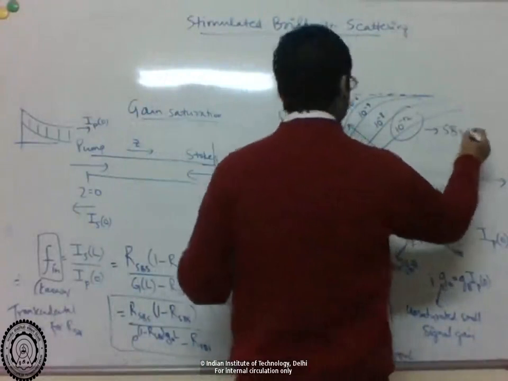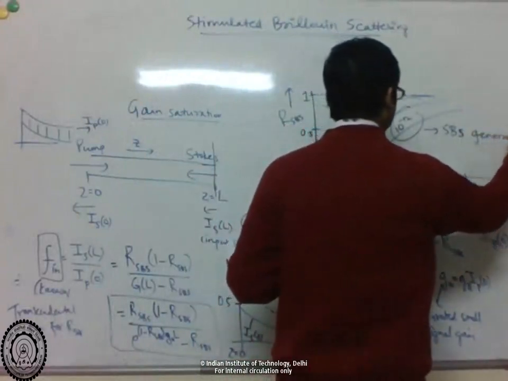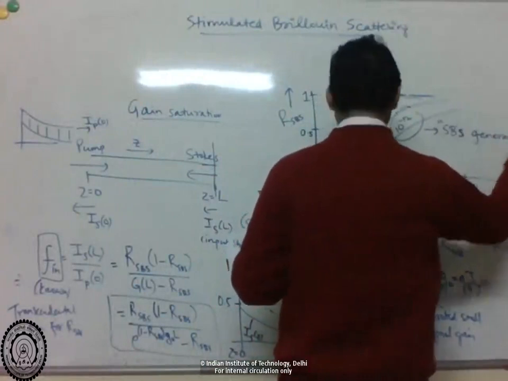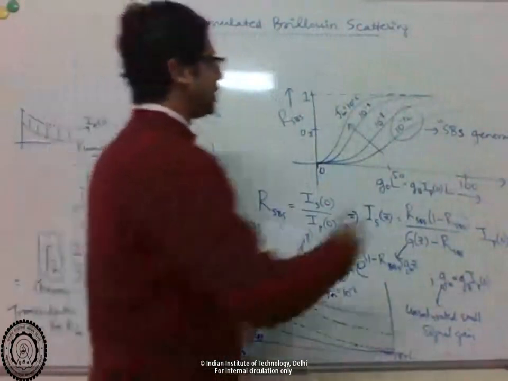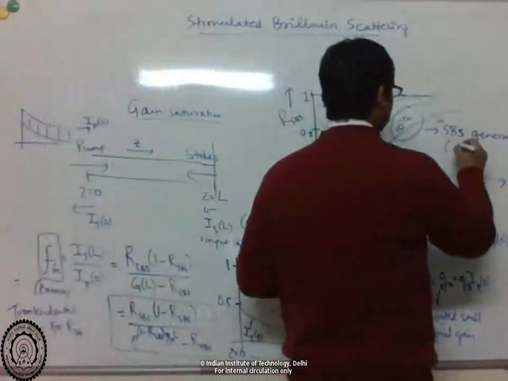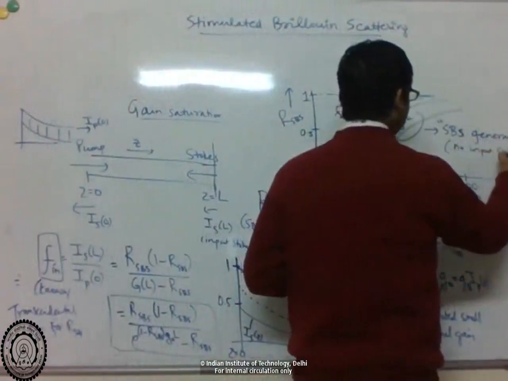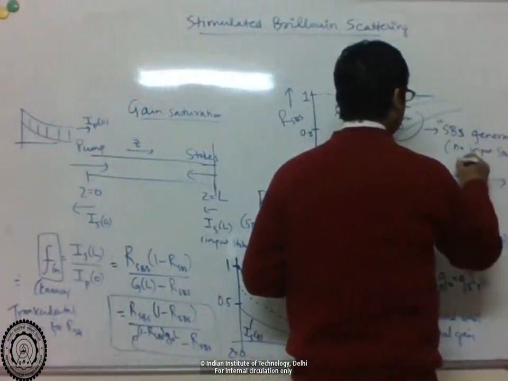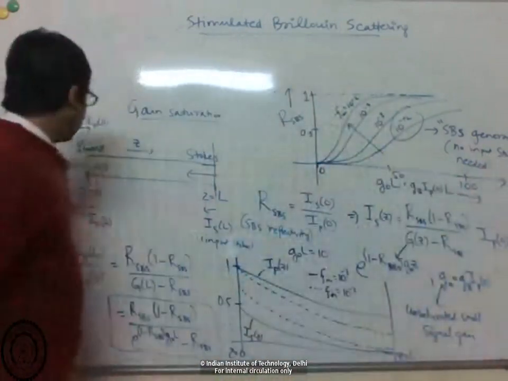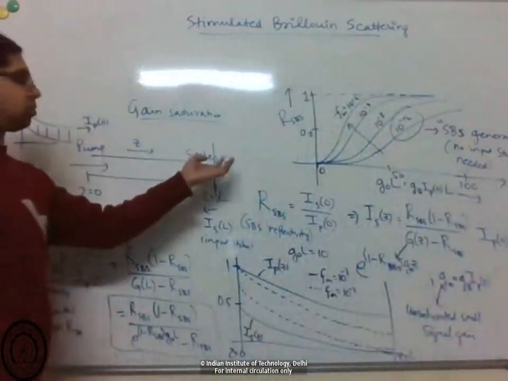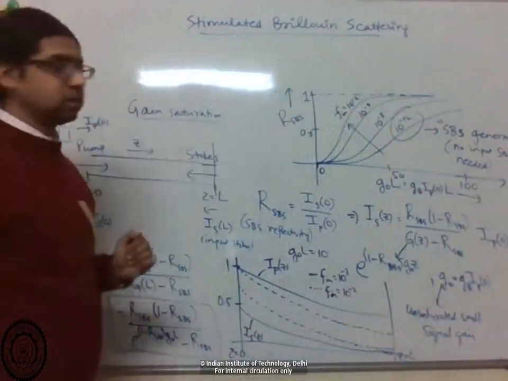Okay, so in this regime, this SBS amplifier is sometimes called an SBS generator. Basically, which means no input Stokes needed. You just need an input pump, and then from noise itself, Stokes gets amplified a lot.